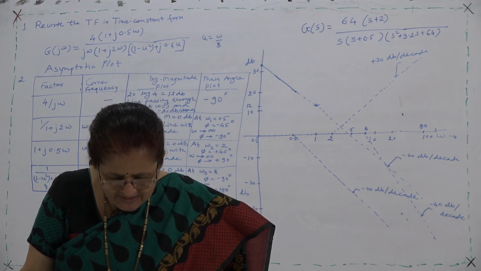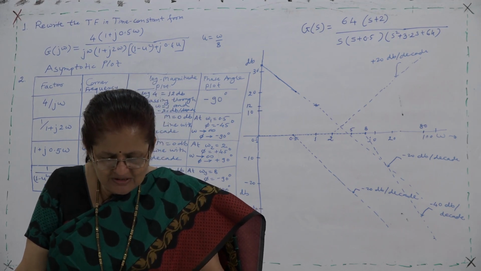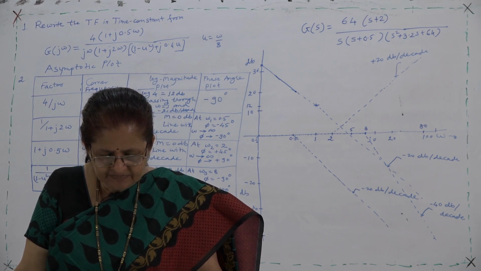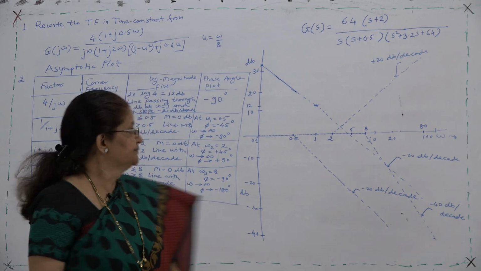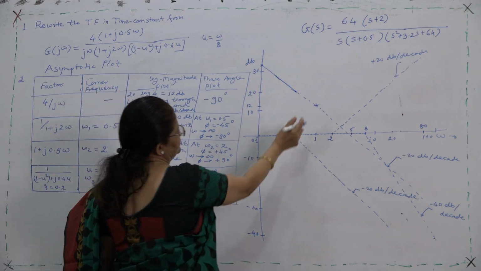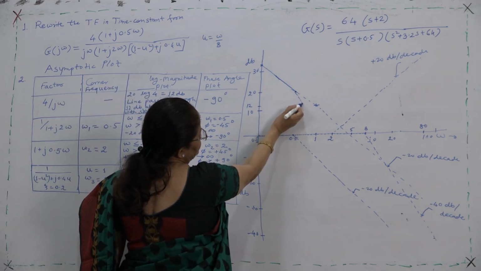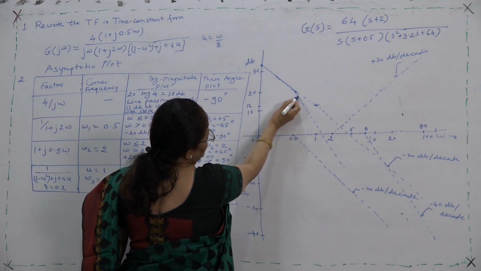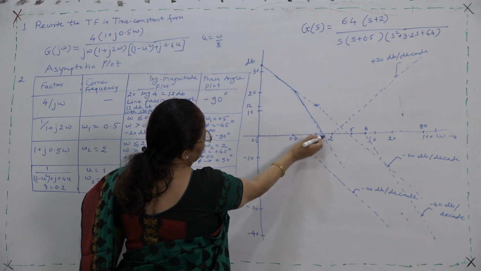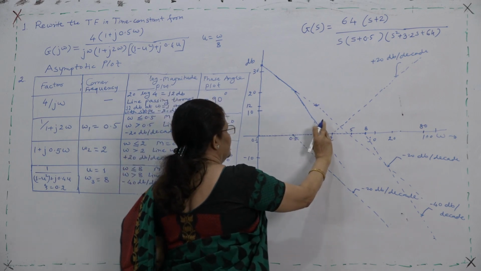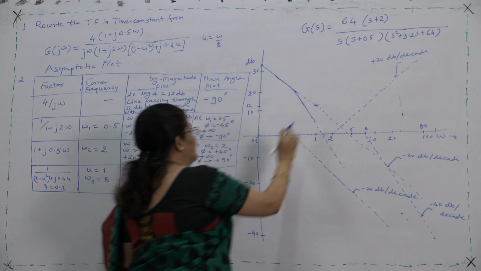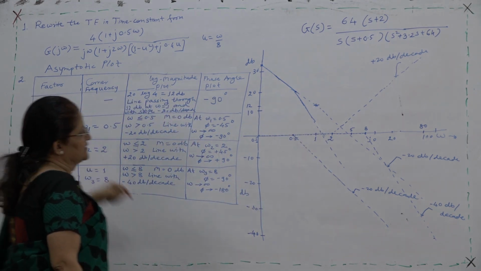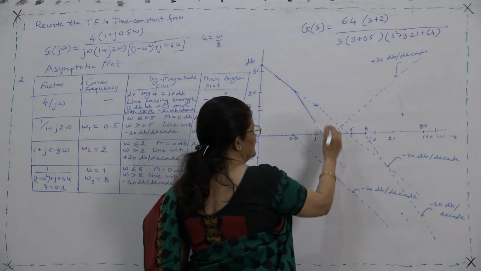So, I am considering approximately where it is crossing on the x axis. Okay. So, from here I will get, so till the next factor it will be because of these two factors. So, next is omega is equal to 2.